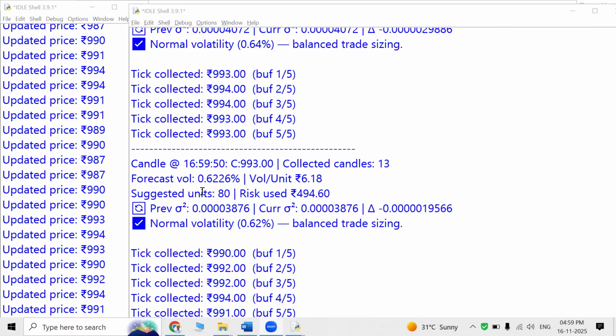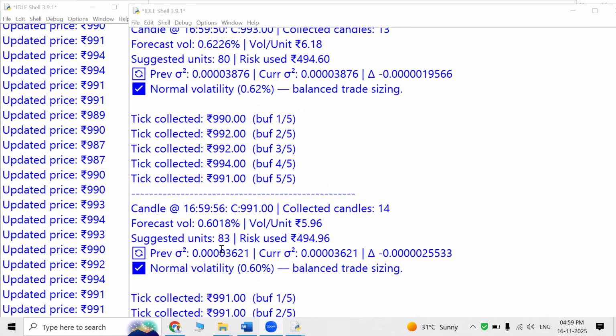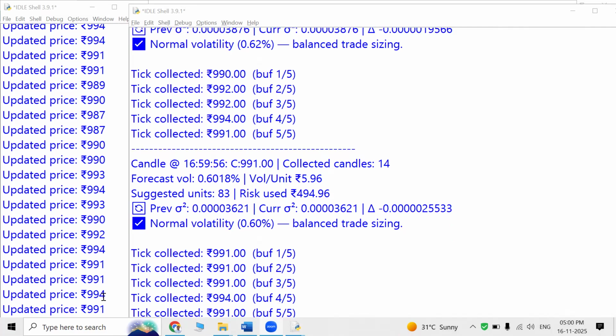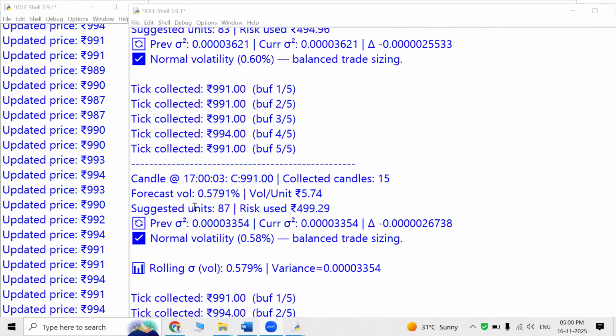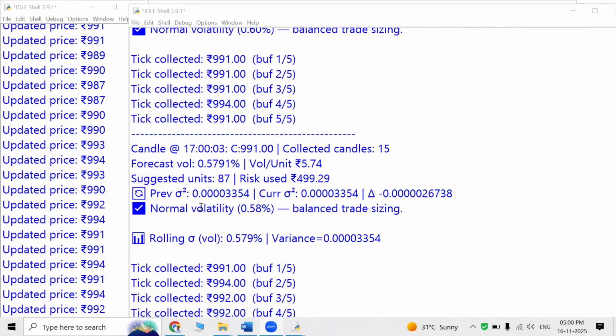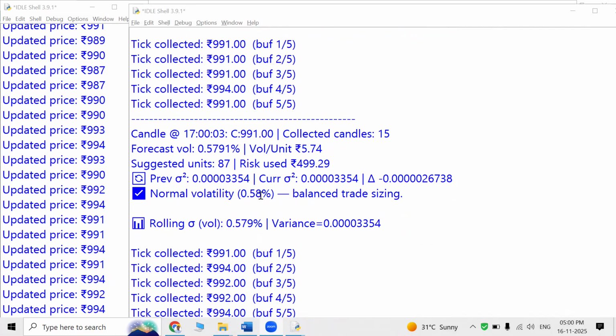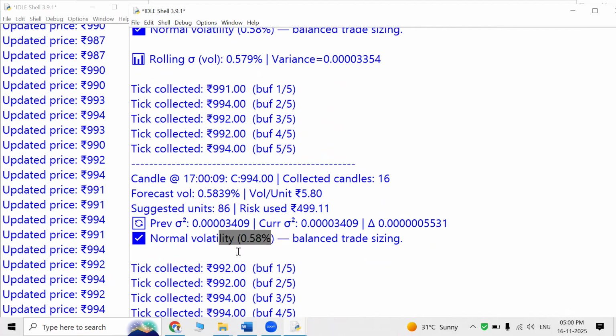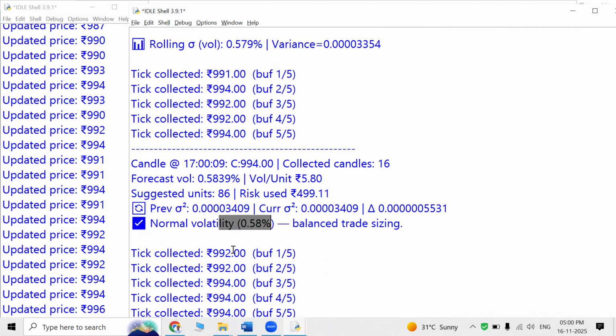So you can see the number of units has increased because the volatility is going down. Continuously we are getting the same volatility. The market is in a particular range. So the number of units it suggests increases automatically if the volatility is going down. You can see the volatility is going down to 0.58. Previously it was 0.67.